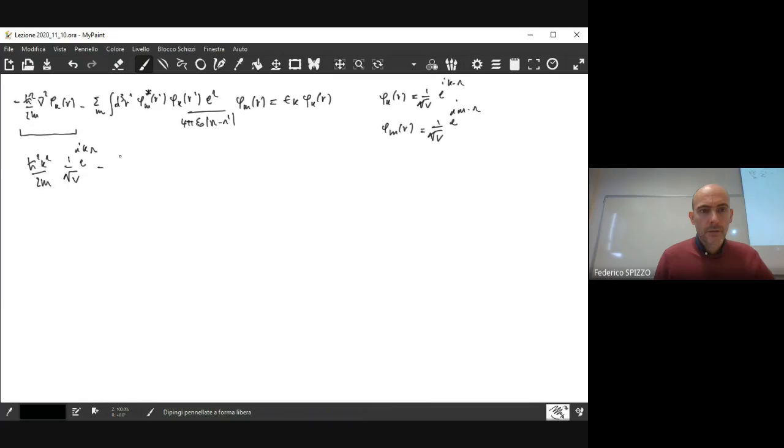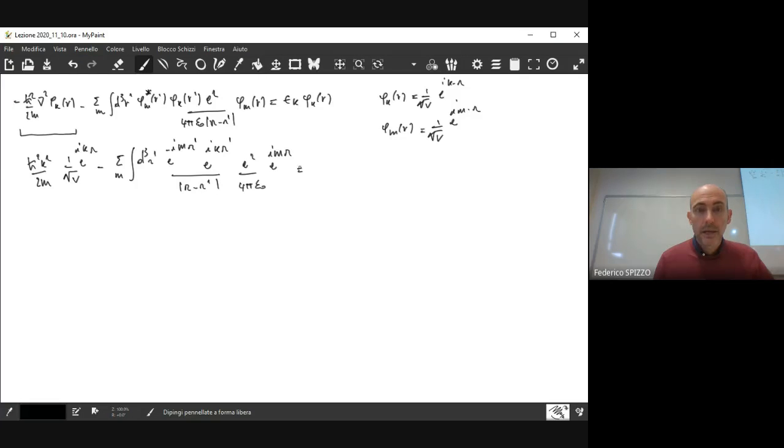Then we have minus the summation over m of d3r prime. This is e to the minus I m r prime. Then we have e to the I k r prime divided by r minus r prime. Then we have e squared divided by 4 pi e0, then e to the I m r.